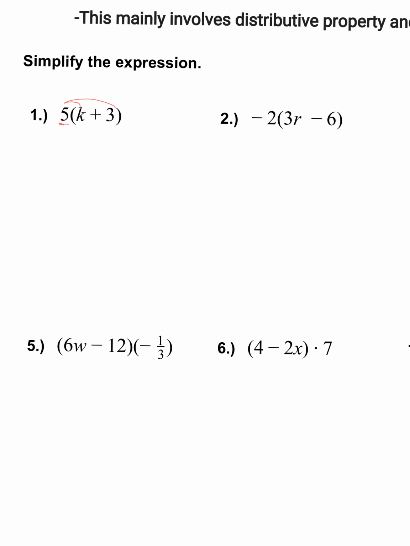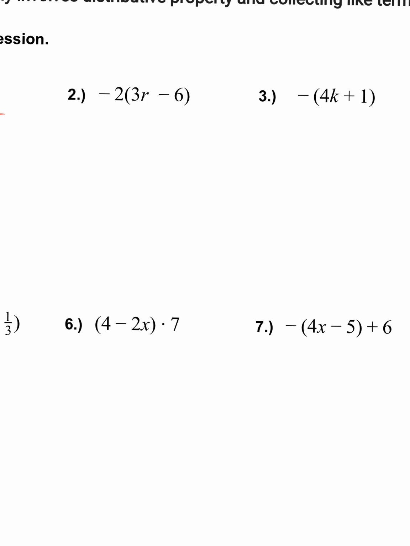So the first thing we're going to do here is multiply 5 times k, which just gives us the term 5k there. And then we're going to multiply 5 times 3. And 5 times 3 gives us a positive 15, so we're going to write plus 15. Okay, positive 15 and plus 15 are the same thing here. So the simplified expression, 5 times the quantity of k plus 3, is equal to 5k plus 15.